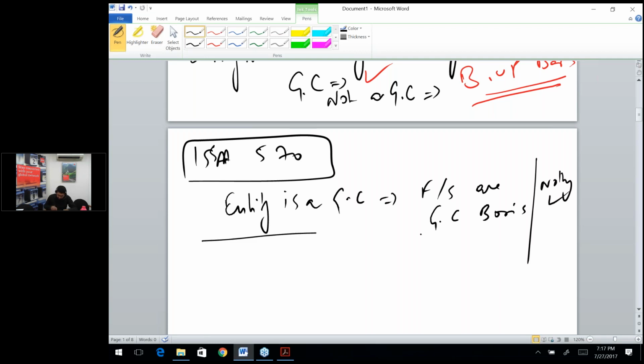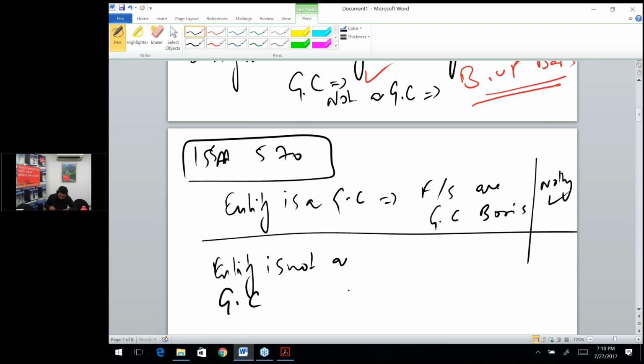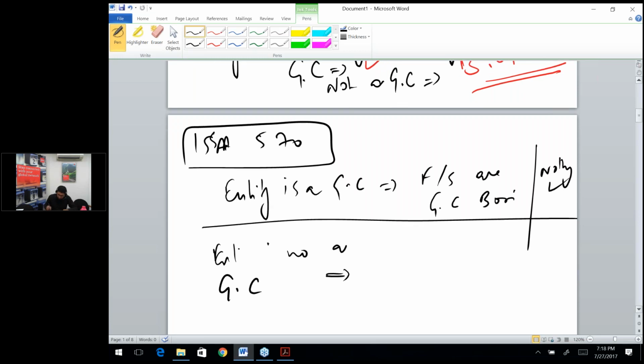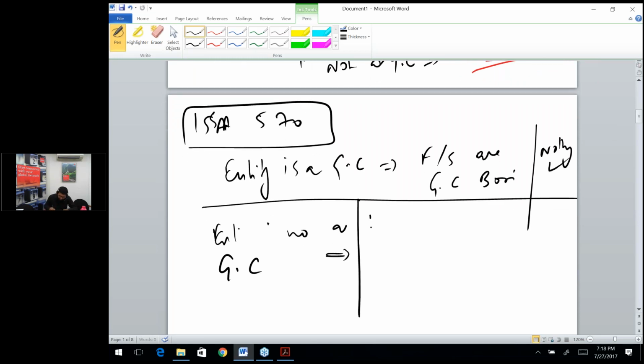Number two is if the entity is not a going concern, then there could be two scenarios. Number one is financial statements prepared on breakup basis.